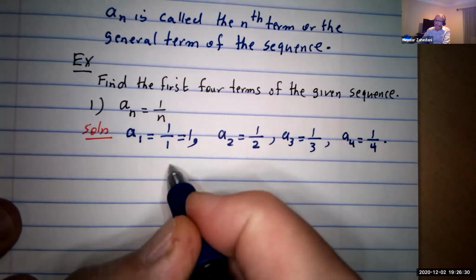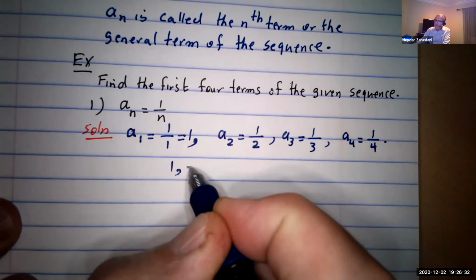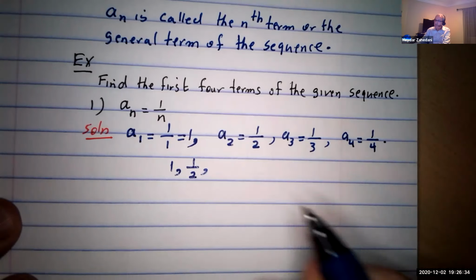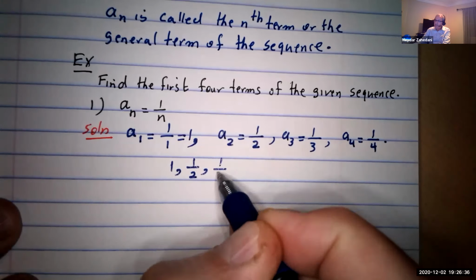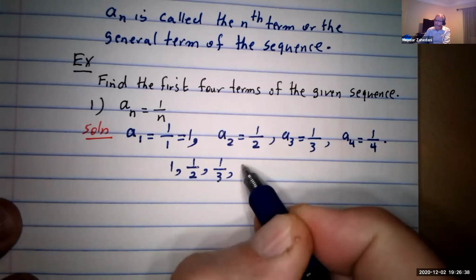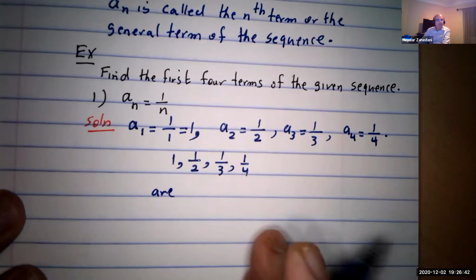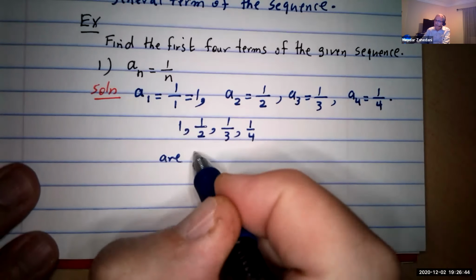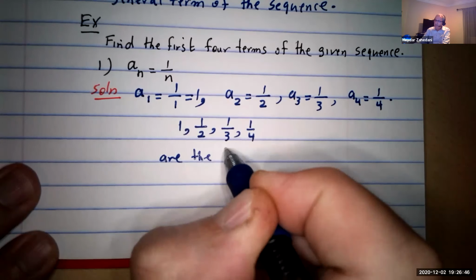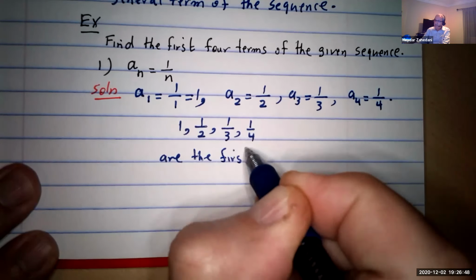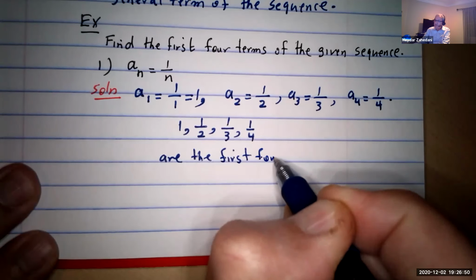So you have 1, the second one is going to be a half, and you get 1/3, and we get 1/4. You don't have to rewrite, I'm just explaining. These are the first 4 terms.